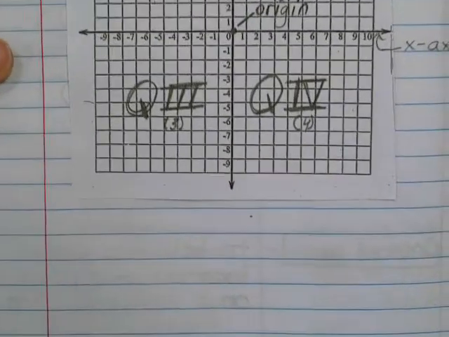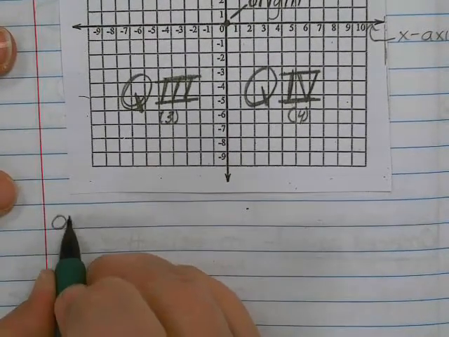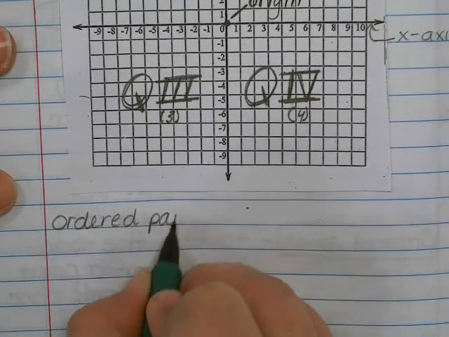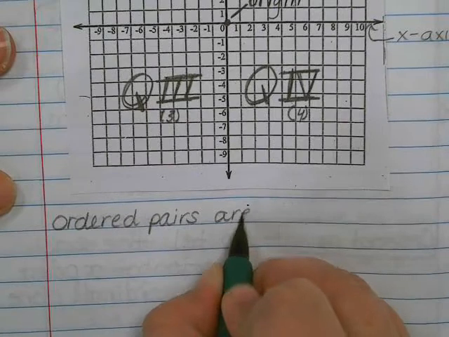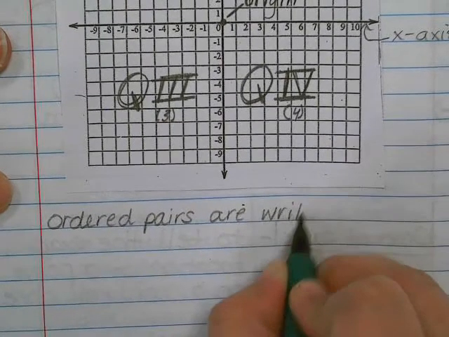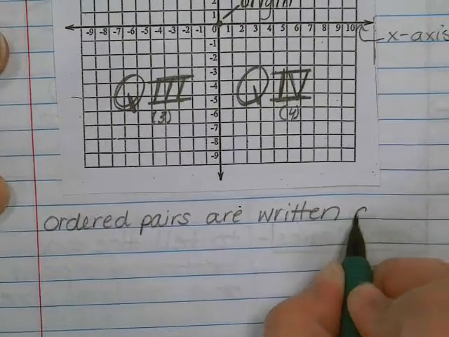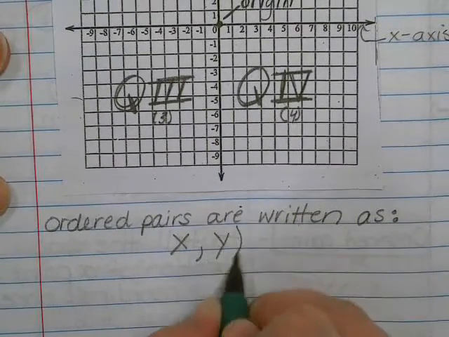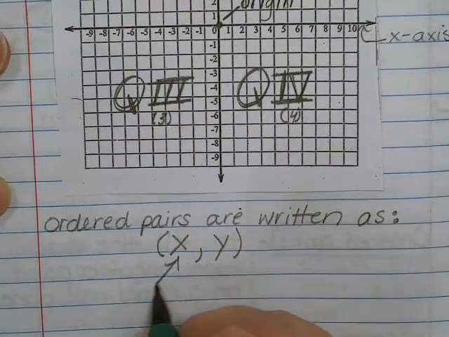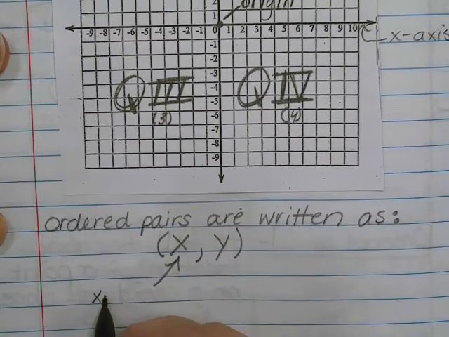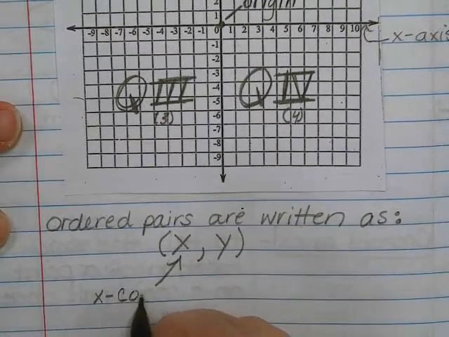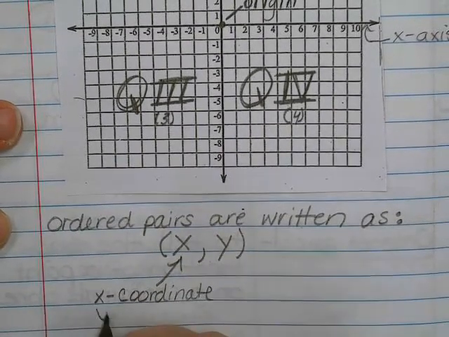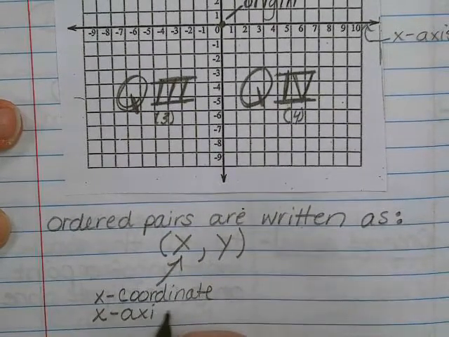We also learned yesterday that ordered pairs are written as x comma y. So this first one will be your x coordinate, which is on the x-axis.